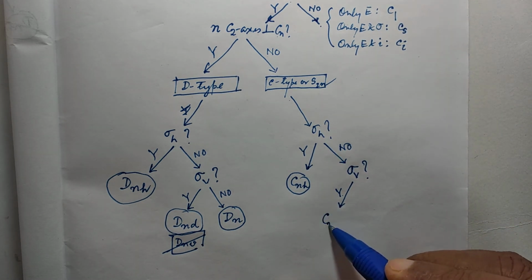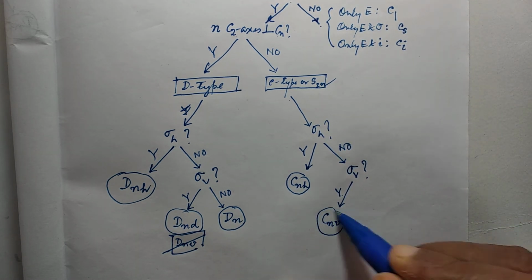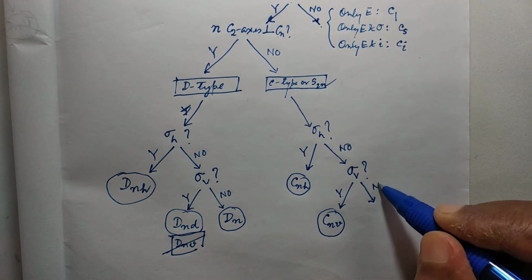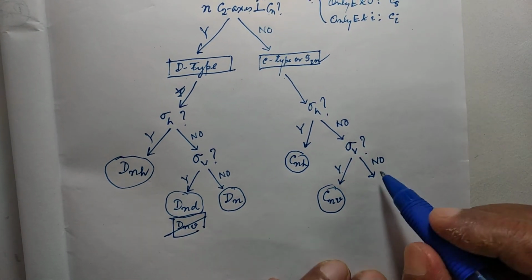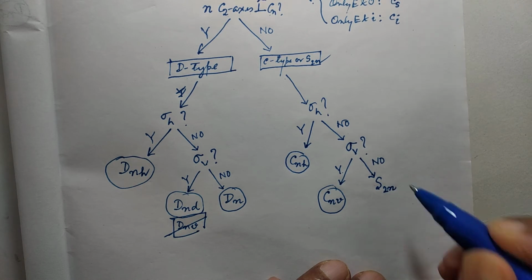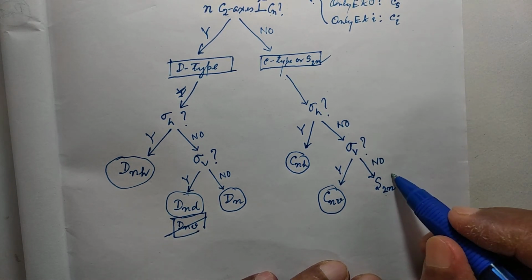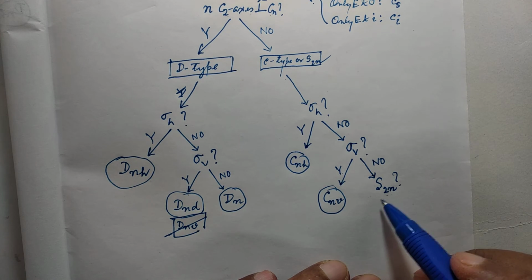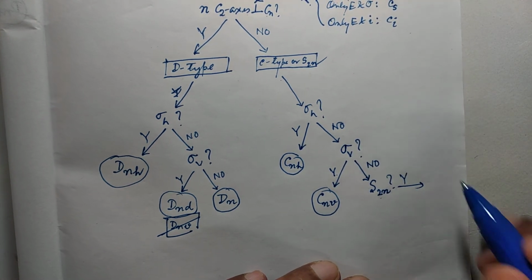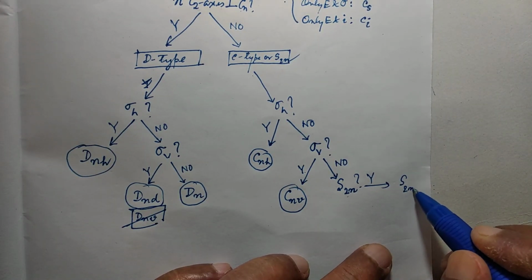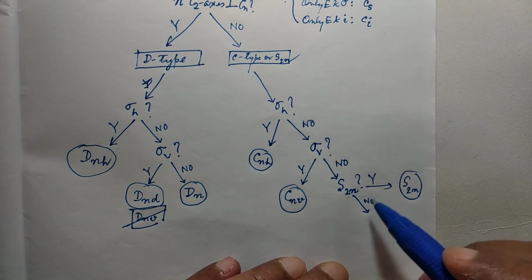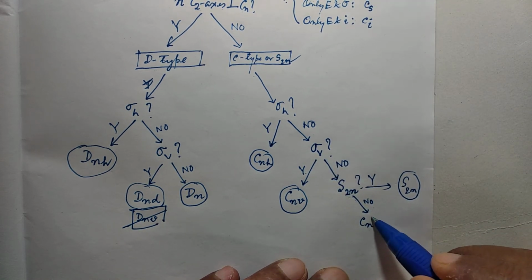The point group will be Cnv. And here, if the answer is no, then you have to search for an improper rotation axis of even order. Does the object have S2n axis? If yes, then the point group is S2n. And if no, then the point group is Cn.